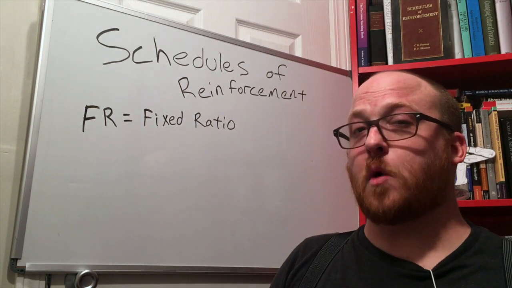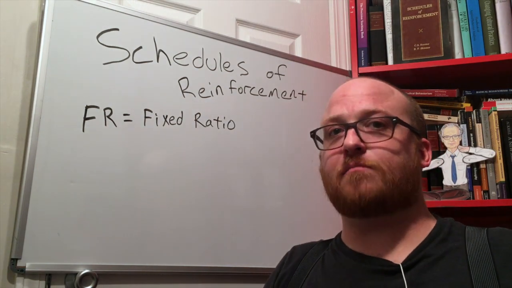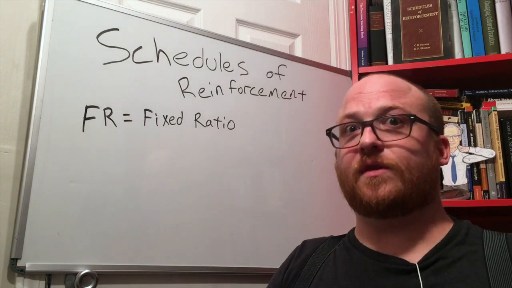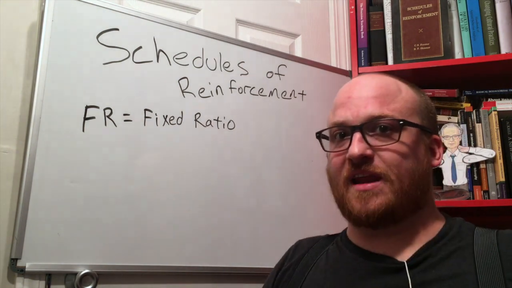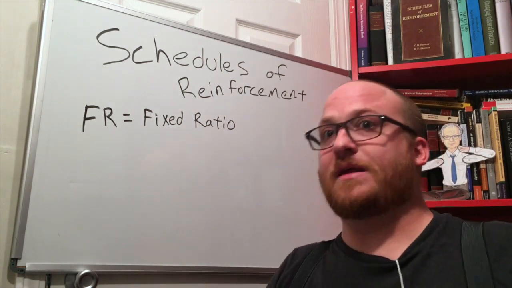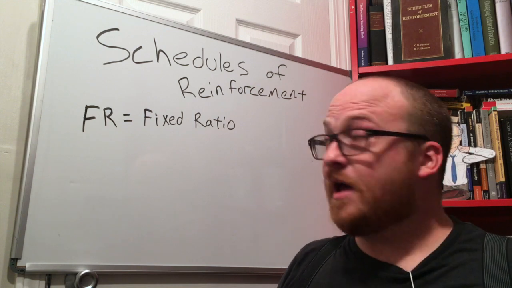If it's FR200, it requires 200 responses before reinforcement will be consequated with the last response. With an FR200, it'll be 200 responses, reinforcement, 200 responses, reinforcement, and that schedule continues.